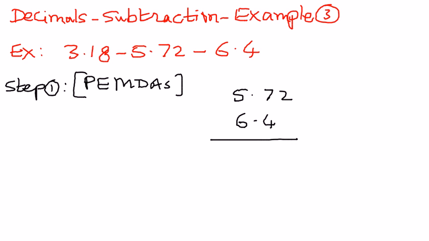So since both of them are negative, the result is going to be negative. We're going to add them up, and then do the subtraction in our next step. I'll show you that in just a minute.